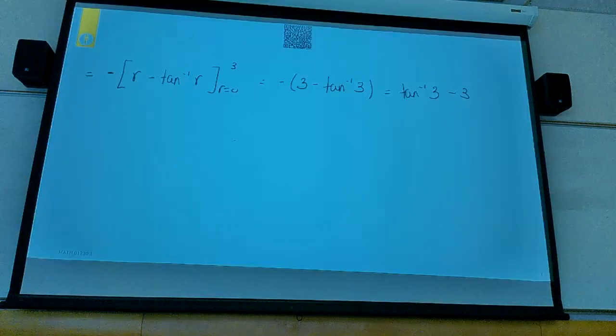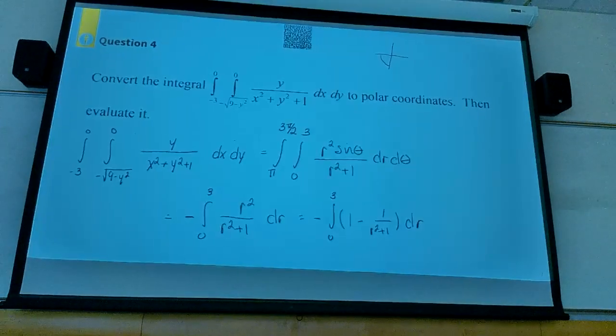So also being able to convert to polar from an iterated form is important as well. You may run across cases where we're going to have to do that. Obviously not with two-dimensional, because if it's a double integral, you're going to be able to see it's polar right off the bat.